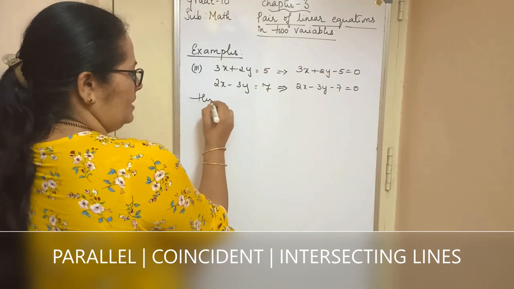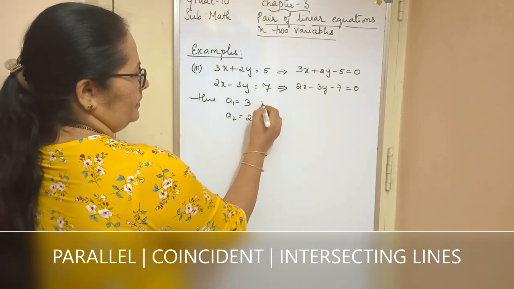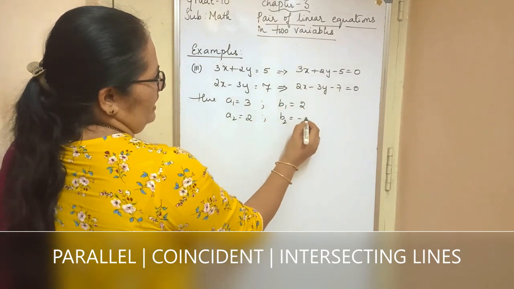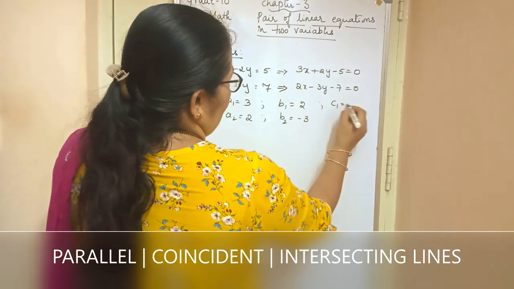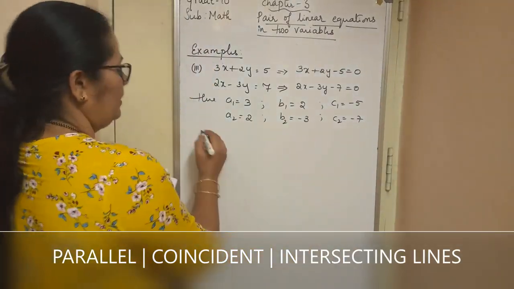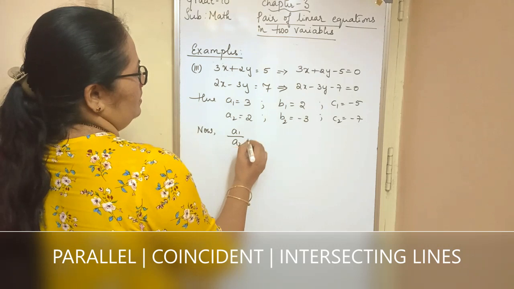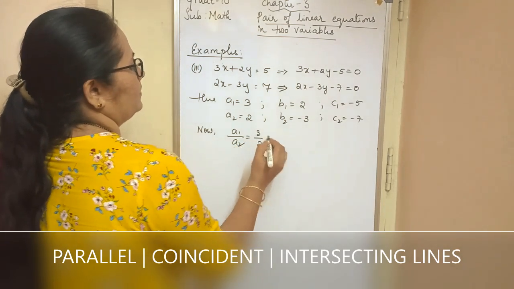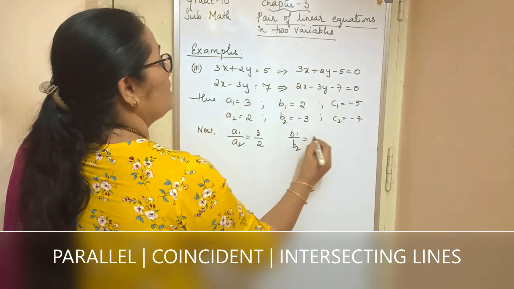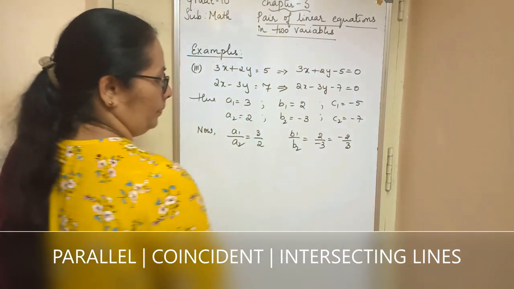Here a1 is 3 and a2 is 2, b1 is 2 and b2 is minus 3, c1 is minus 5 and c2 is minus 7. Now take the ratios. a1 by a2, that is 3 by 2. Then b1 by b2, which is 2 by minus 3, which is minus 2 by 3.